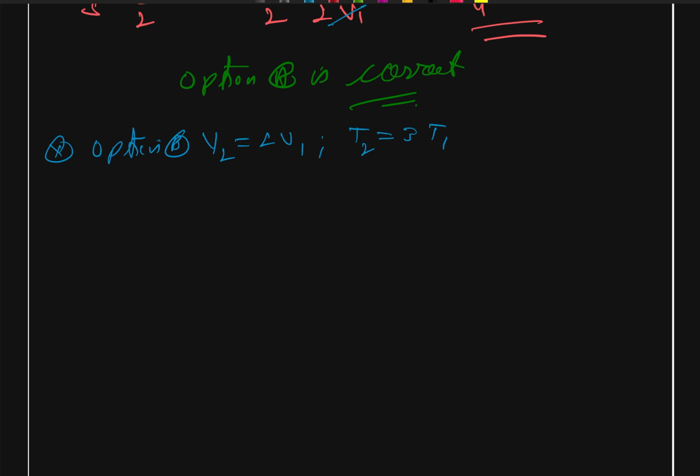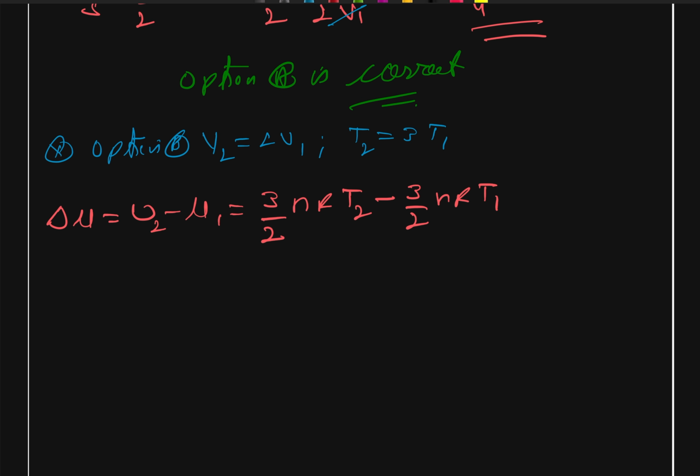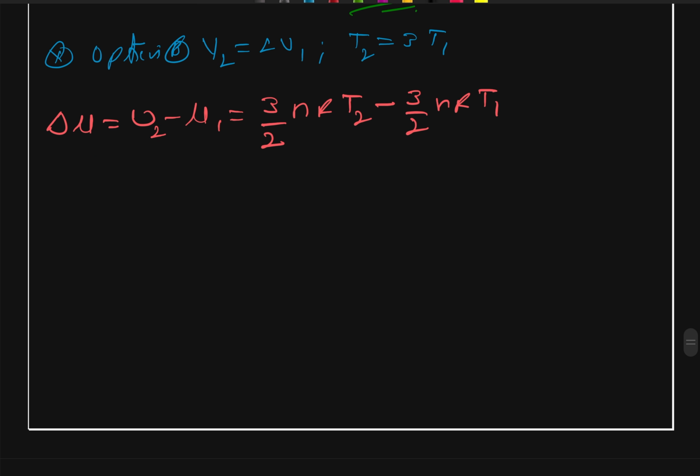So we can say our delta U will be equal to U2 minus U1, which comes as 3 by 2 nR T2 minus 3 by 2 nR T1. So we can write this as 3 by 2 nR times T2 minus T1.